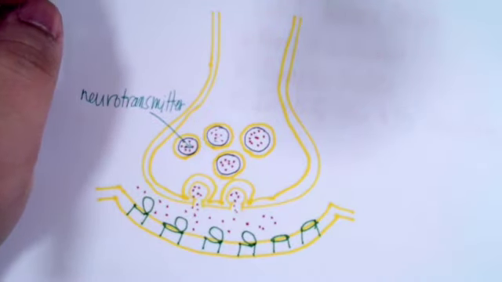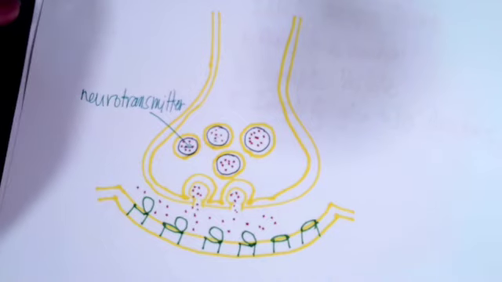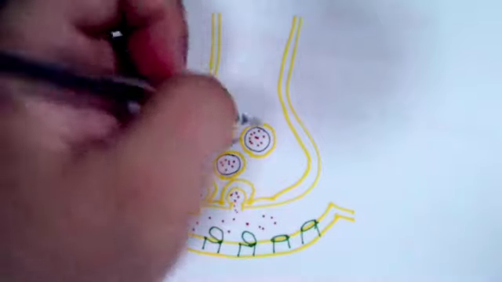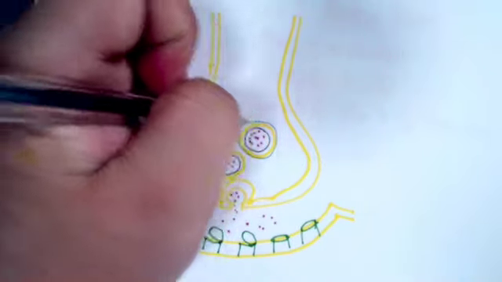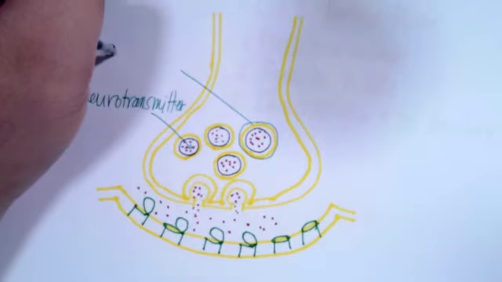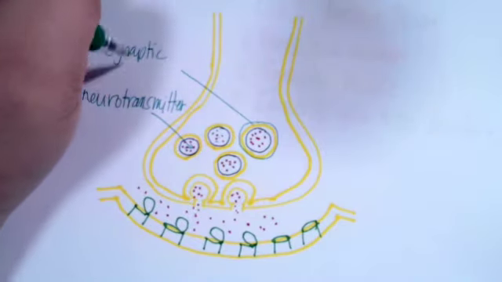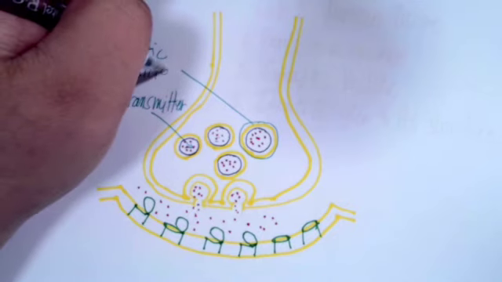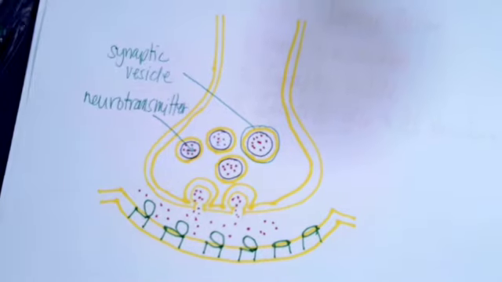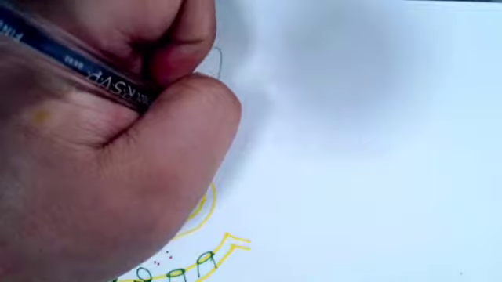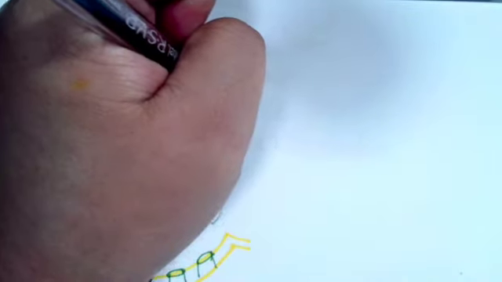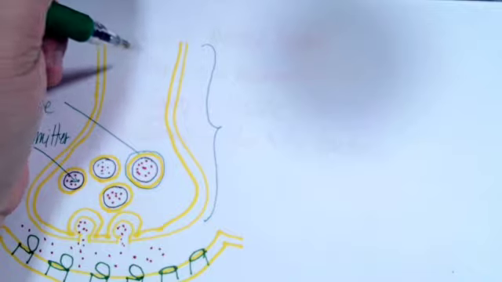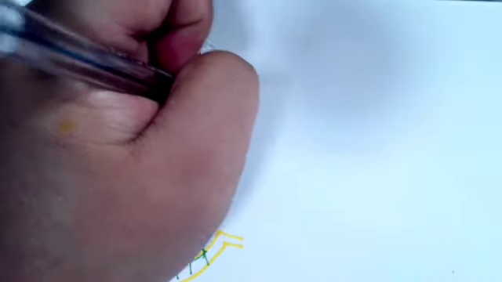So remember that the axon terminal holds the neurotransmitter, and this whole thing over here is what we call the synaptic vesicle. While we discuss that, we also have to know that the end of the axon, as we discussed earlier, is what we call the axon terminal.